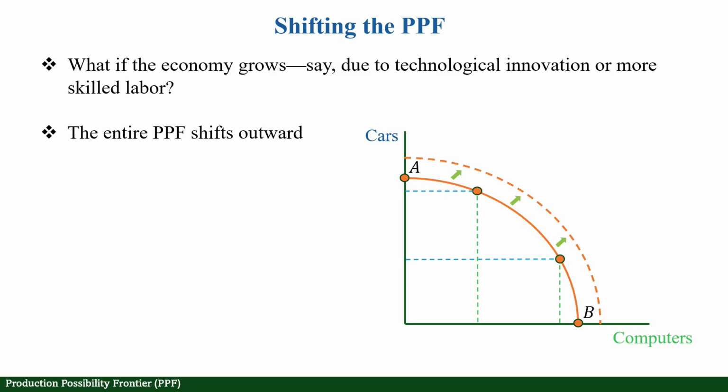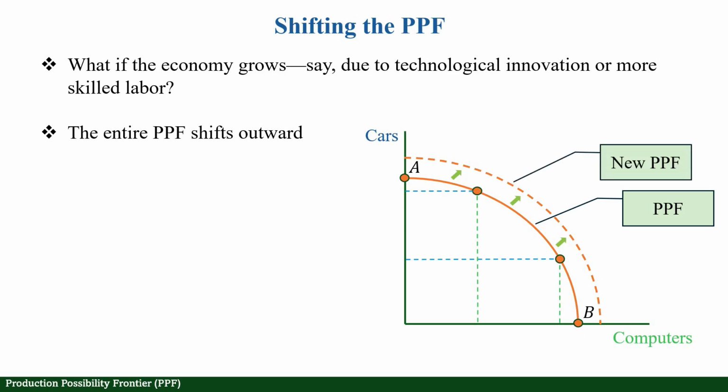For example, a new machine makes car production more efficient. Now the economy can produce more cars without giving up as many computers. Our bold orange curve represents the old PPF, and the dashed orange curve represents the new PPF. So we can produce more cars and more computers with the new PPF.